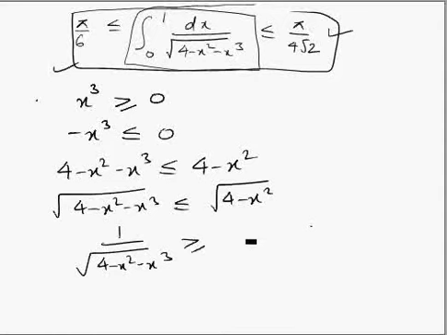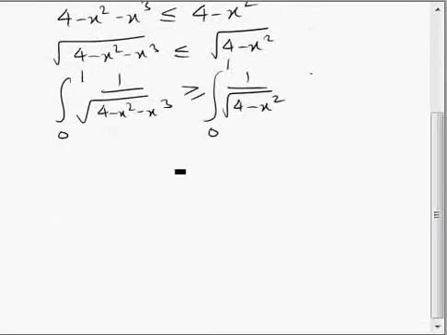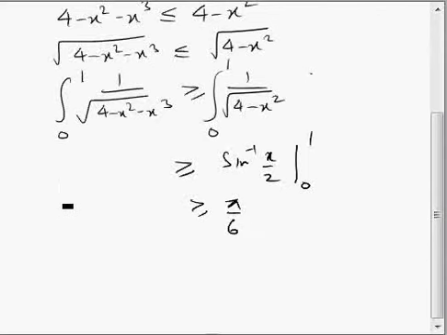So if this function is greater than this, then the integral of this from 0 to 1 is more than the integral of this from 0 to 1. And you know this is sine inverse of x by 2. We take limit 0 to 1, this is pi by 6. So we are able to show that the integral of this integrand is greater than or equal to pi by 6, right?